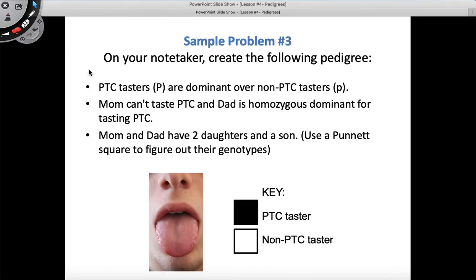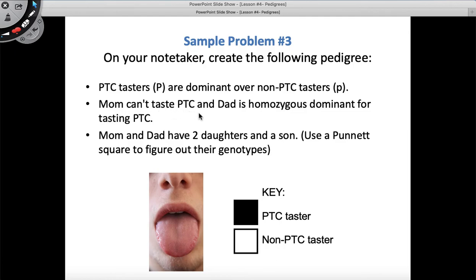Okay, let's move on. Sample problem number 3. On your note taker, create the following pedigree. PTC tasters, capital P, are dominant over non-PTC tasters, lowercase p. PTC stands for phenylthiocarbamide, which is a chemical that some people can taste and some people can't.